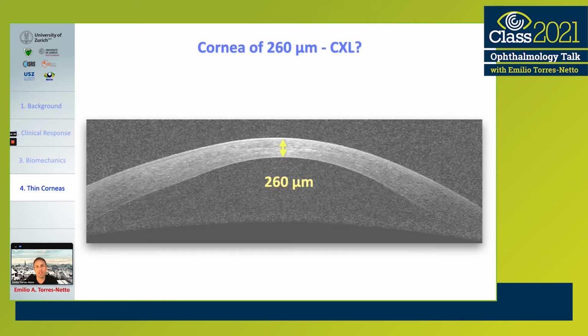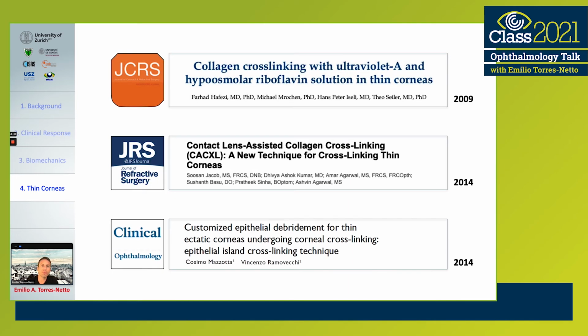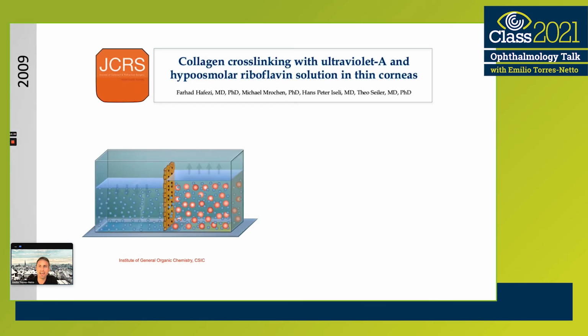The first technique, in 2009, was the hypoosmolar riboflavin, and then afterwards other techniques came, also trying to supply this lack of treatment for thin corneas. The first one, as I said, used hypoosmolar riboflavin, and this uses an osmolarity gradient.